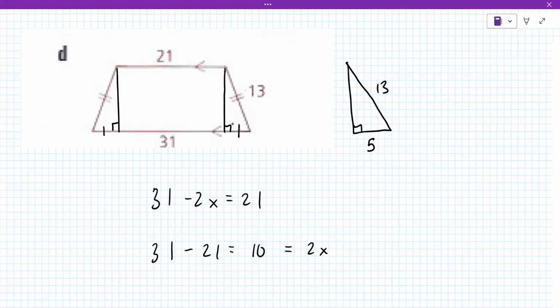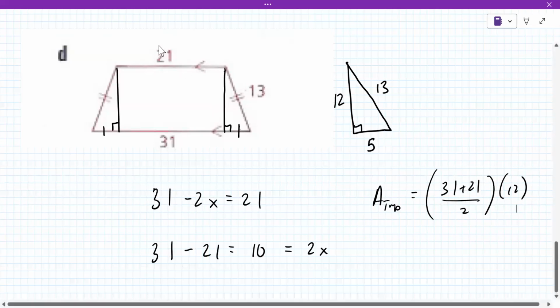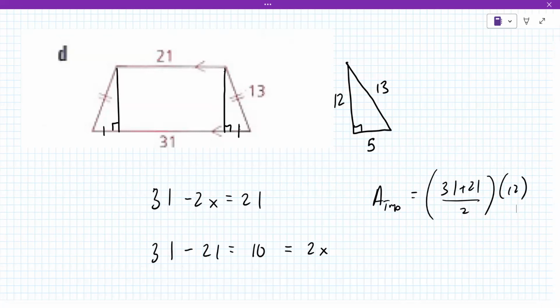A equals 12. You got it. Very good. So the area of the trapezoid is base 1 plus base 2 divided by 2 times the height, which is 12. You can calculate the average, add them up, divide by 2. You can take 12 and divide it by 2 and then add them up and multiply, however you want to do it. Go ahead and give me the final answer there, please.